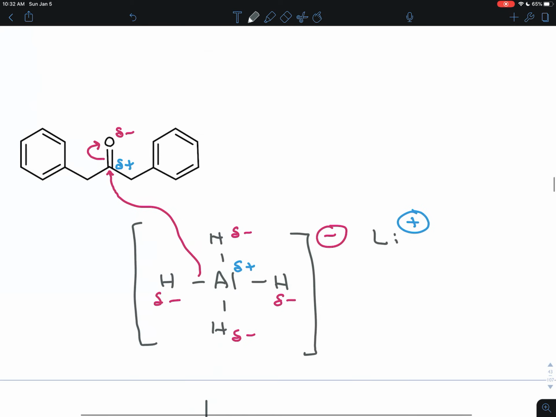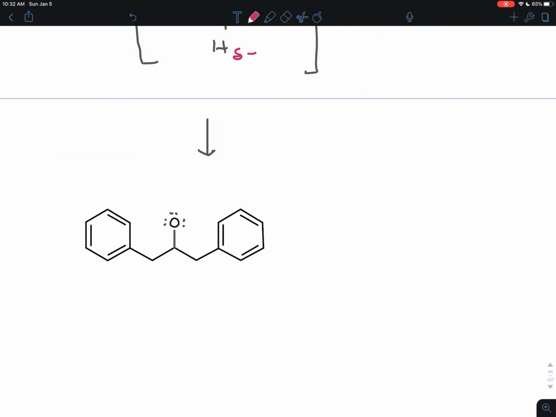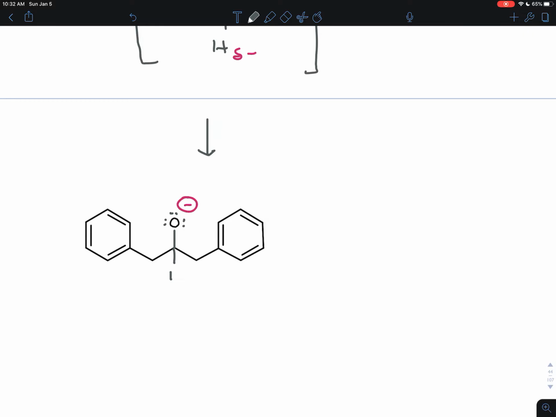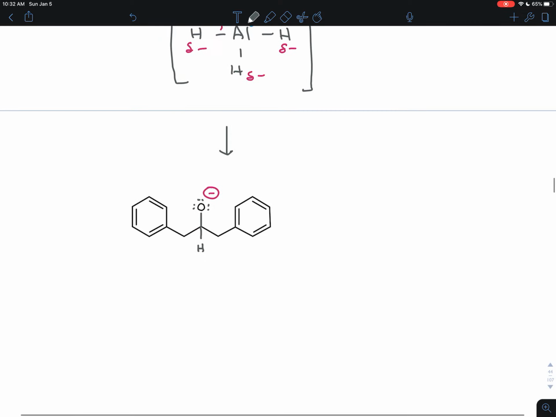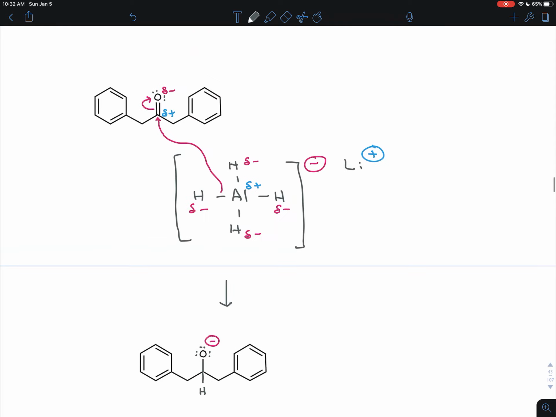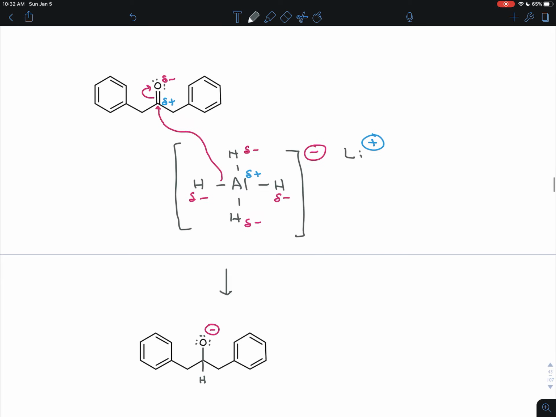It had 2 lone pairs before, now it will have 3, and a full negative charge. And the hydrogen nucleophile that we added. So we've reduced the number of bonds to oxygen from 2 to 1 by using lithium aluminum hydride, a strong reducing agent, but we still have to stabilize the negative charge on the oxygen.